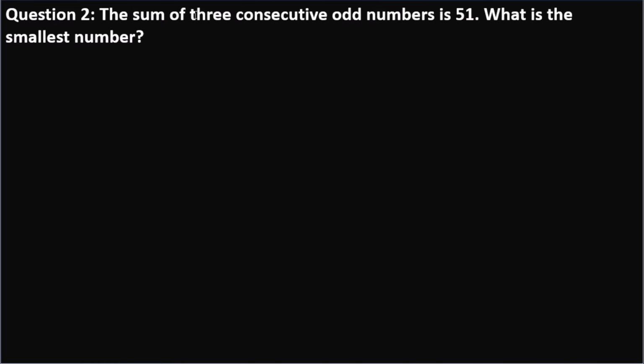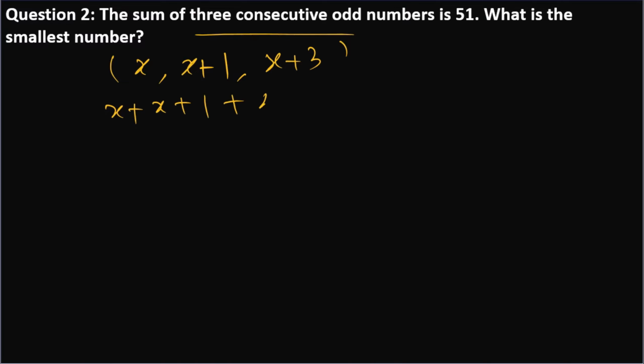Now come to another problem. The sum of 3 consecutive odd numbers is 51. So the first number is considered x, the next odd number will be x plus 2, and the next odd number will be x plus 4. According to the condition, we need to add x plus x plus 1 plus x plus 3 equal 51.